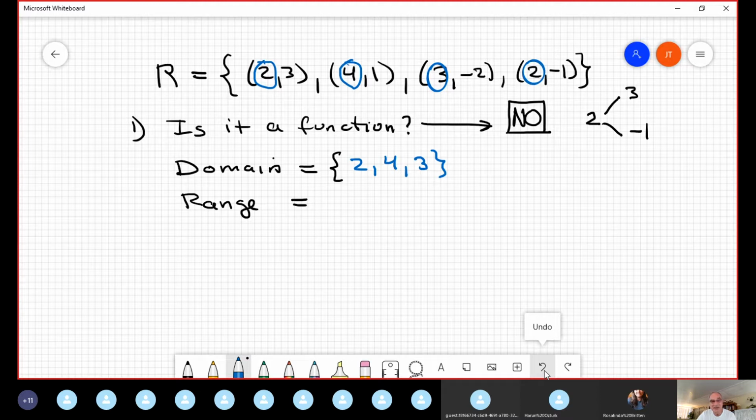It's not totally a mistake, but it's not elegant. Some students write 2, 4, 3, 2, because the property of the set says the order is not important and the repetition is not necessary. But not necessary doesn't mean it's a mistake.